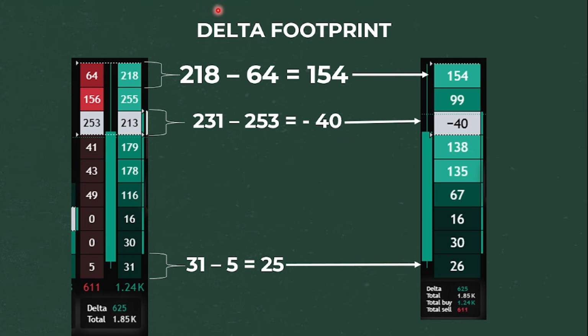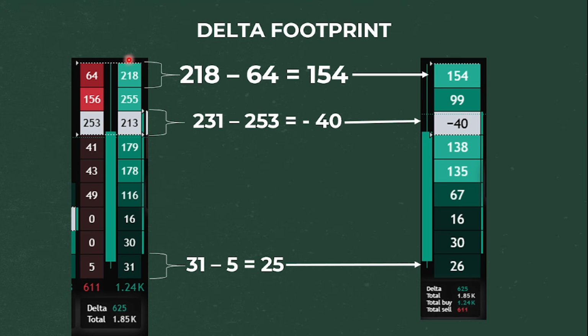So I'm going to get the delta footprint candle. Basically we have to subtract. Actually, we don't subtract it here, but I want to just explain how these delta footprint candles are printing. That's why it's there for educational purposes only. So look here. Let's subtract them.